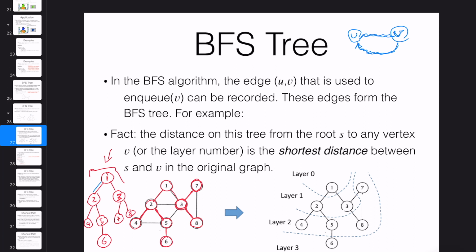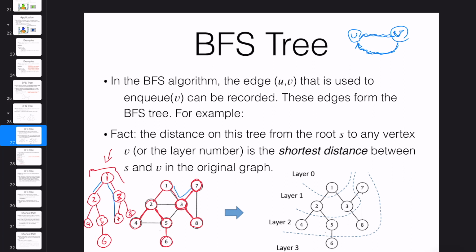And the property that we have over the BFS tree is that the path from the root node, the node that you run the BFS from, to every other node is going to be the shortest path from that node to all the nodes in the original graph. So the shortest path from 1 to 7 is going to be this path in the original.